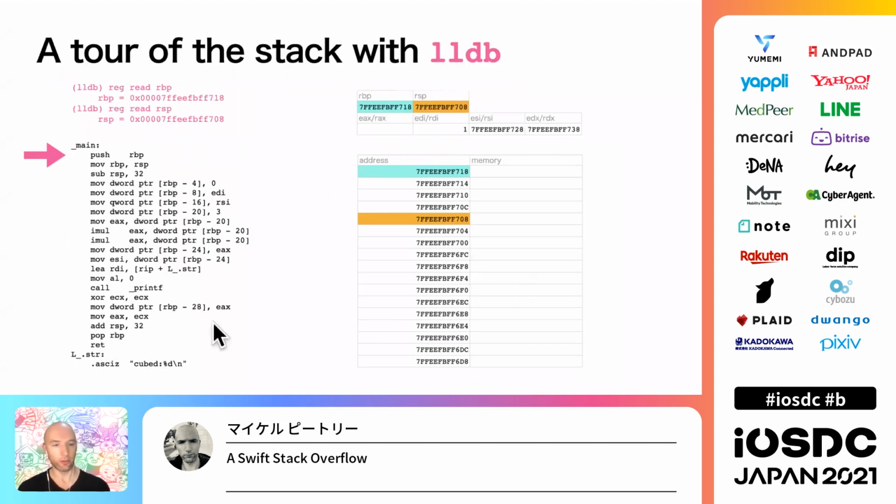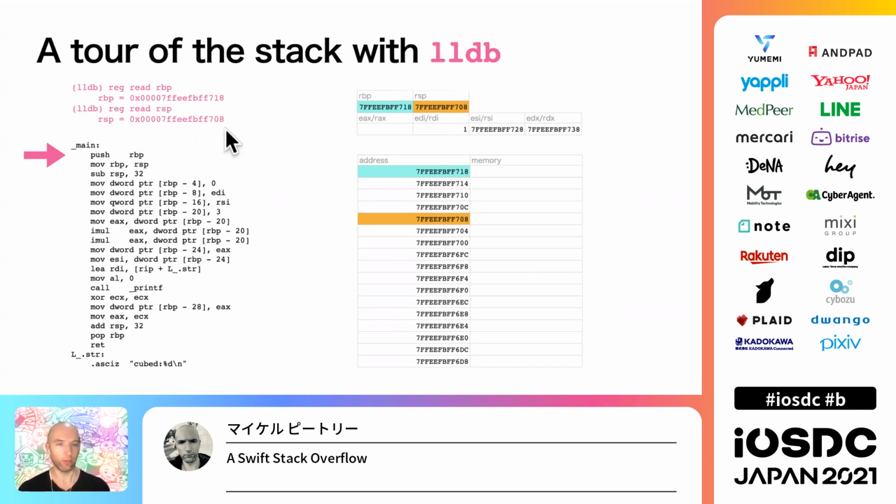I've created a sort of virtual debugger here, where we have the assembly from the previous program on the left, and the pink arrow is an instruction pointer. It points to the instruction we are about to execute.